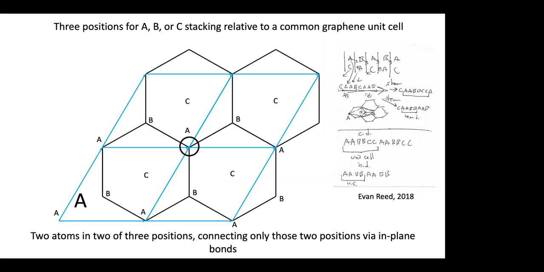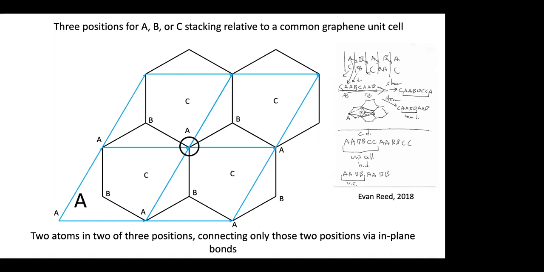Okay, so what's going on here? Well, we have a unit cell of graphene in 2 dimensions, and then we have the actual graphene itself, and there are basically 3 different places where the graphene can be oriented with respect to the unit cell.